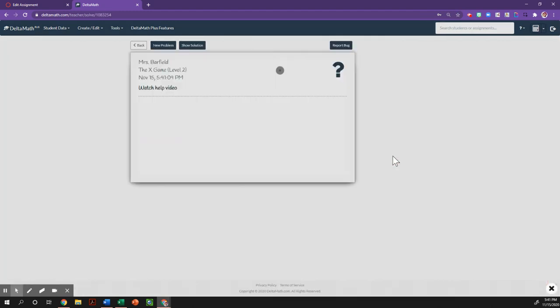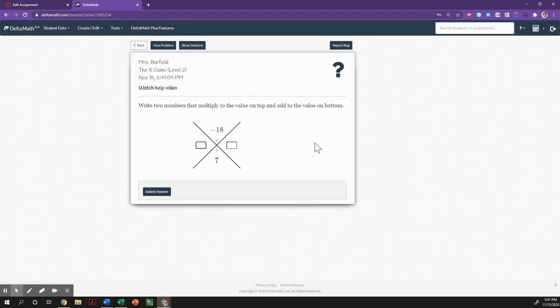All right. Level 2. Same idea, but now I have a negative 18 on top, and my goal is to get positive 7. So if I did 6 and negative 3, well, 6 and negative 3 does equal negative 18, but 6 plus negative 3 equals 3.